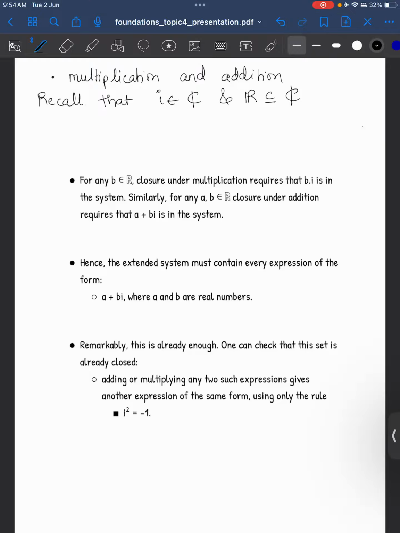And i is actually the square root of -1, which implies i squared is equal to -1. So this is what we concluded. This is our first property, and the next property is the closure under multiplication and addition, where both of these operations are an extension of the operations that we know over real numbers.